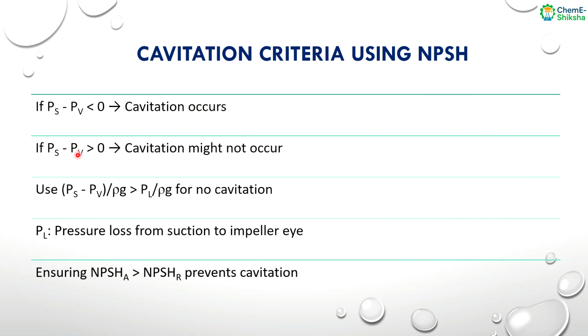If we could measure the pressure at the eye of the impeller, and it is more than the vapor pressure, then we can certainly say there will not be any cavitation, because we know the pressure is minimum at the eye of the impeller. So if that minimum pressure is already more than the vapor pressure, there will not be any problem of cavitation. But the problem is the pressure at the eye of the impeller is not measurable. We can only measure the pressure at the suction point, that is the suction pressure Ps.